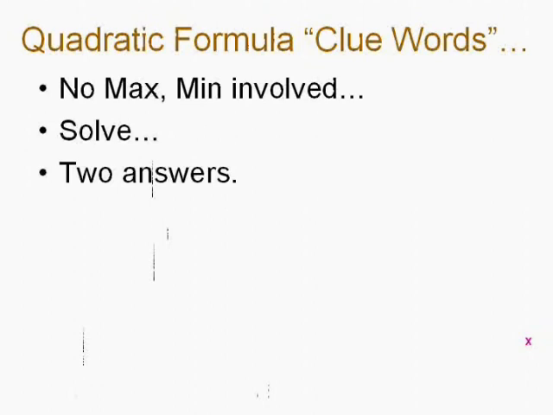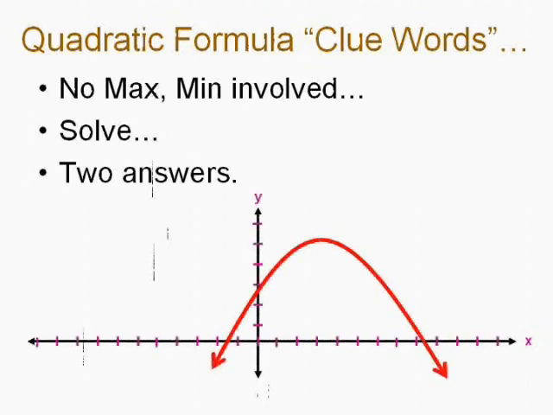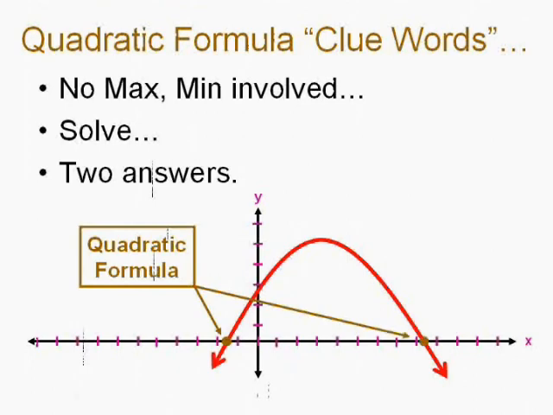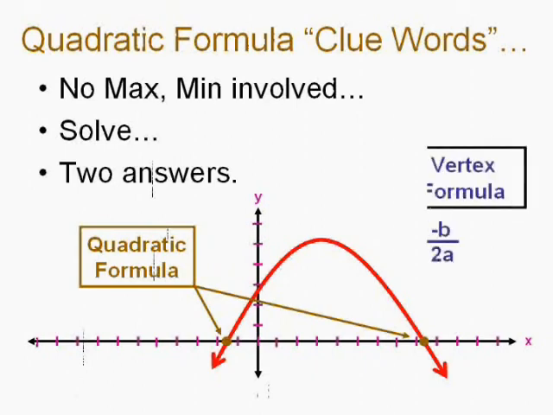Graphically, if we look at a parabola, I hope you appreciate the quadratic formula finds the spots where y is 0. The two x values where y is 0. Whereas the vertex formula finds the x value only, where y is at its highest point.